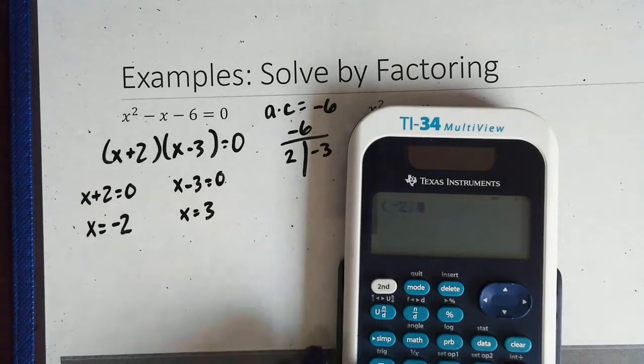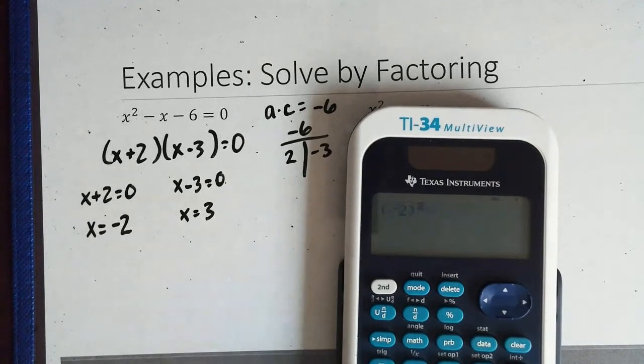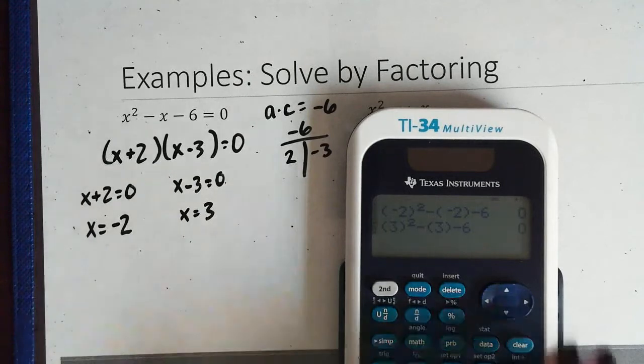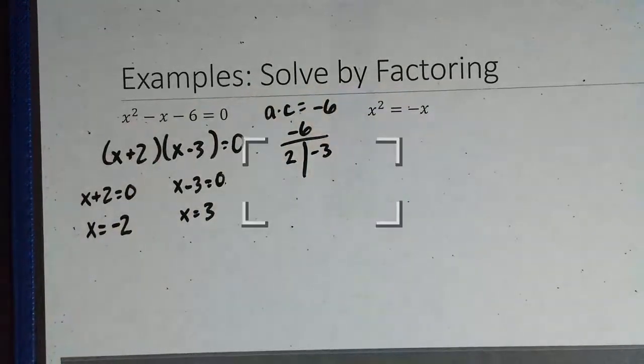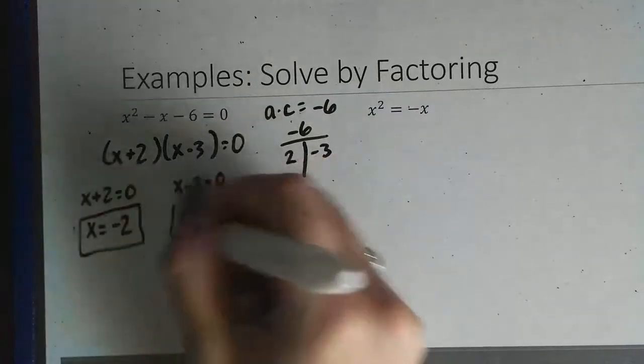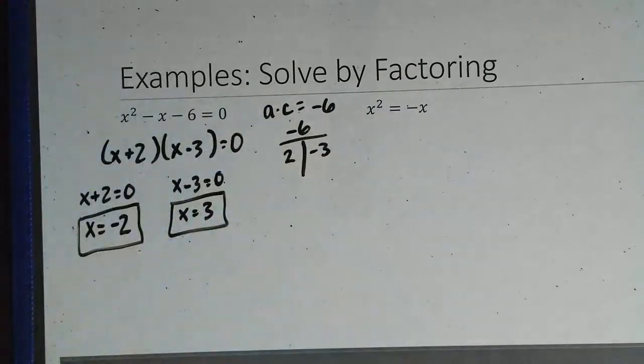So we would have a negative 2 squared minus a negative 2 minus 6 equals 0 like we wanted. And then 3 squared minus 3 minus 6 also equals 0. So we know we found our two answers that we're looking for. We got x equals negative 2 and x equals positive 3.